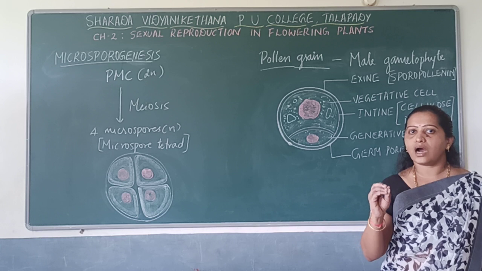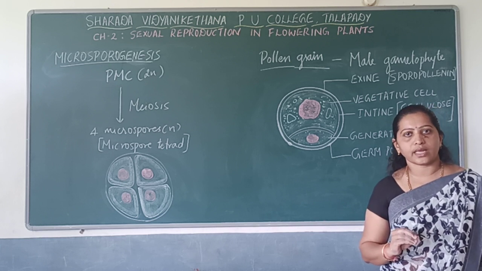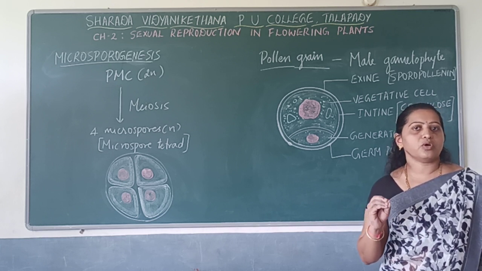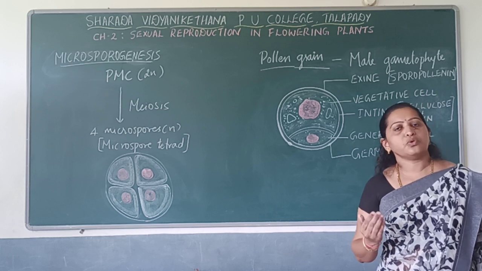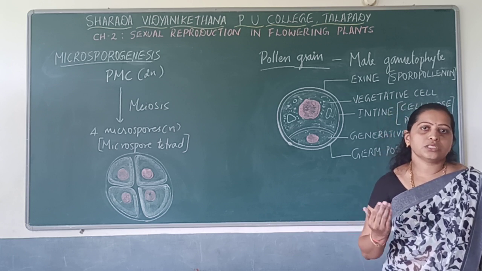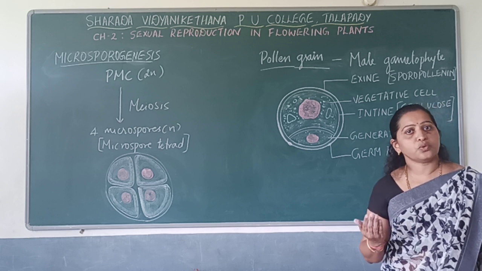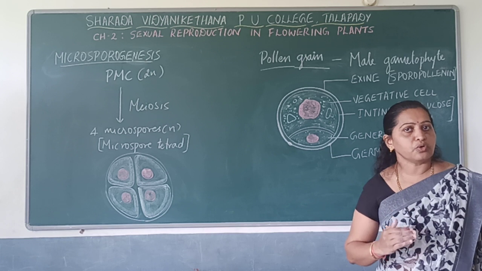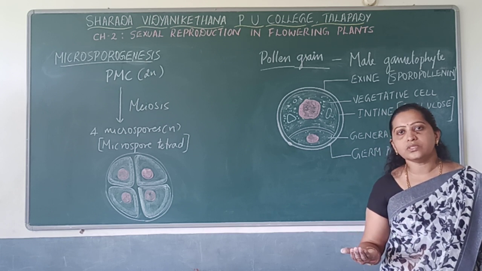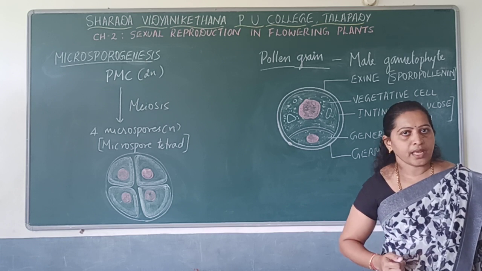This is how we store pollen grains in liquid nitrogen. You might have heard about storage of semen, storage of sperms, storage of seeds. In the same way, even pollen grains can be stored for a longer time and can be used in any of the plant breeding experiments.